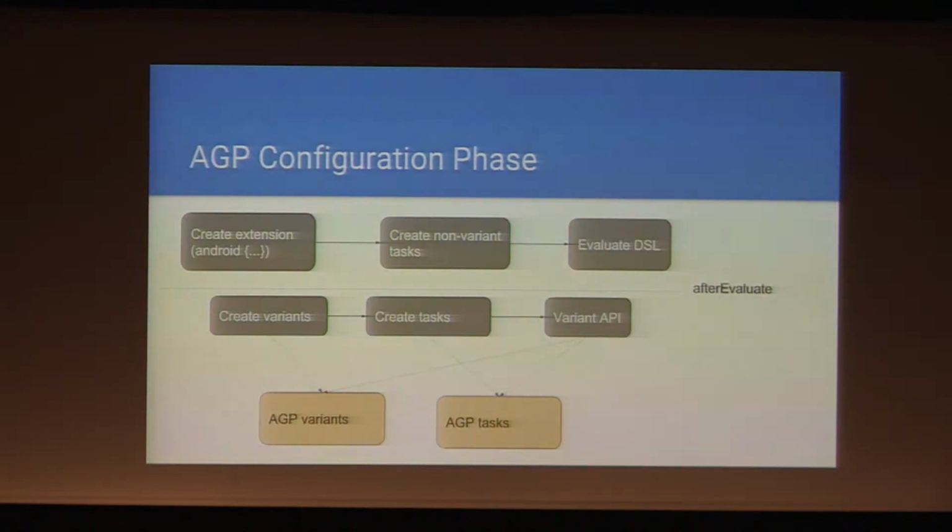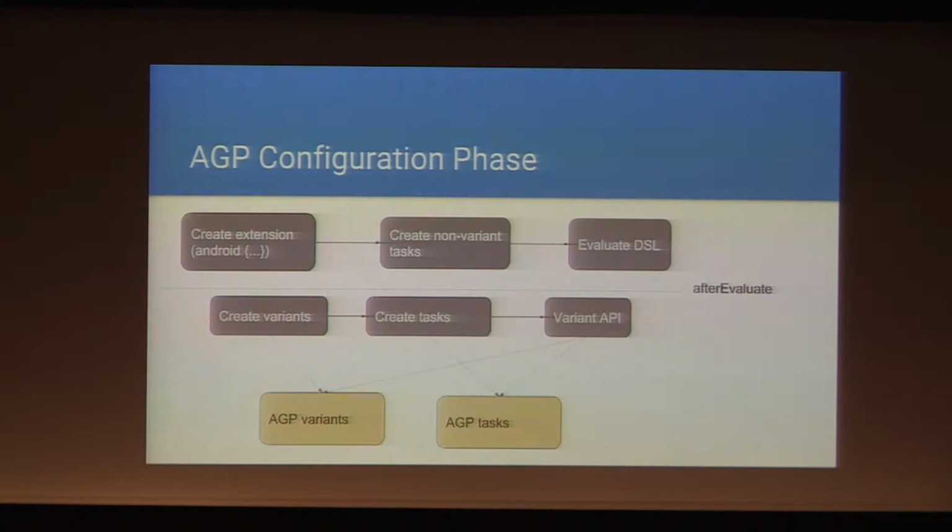This means that all of the build files have been evaluated, and this is important because we want to make sure that the DSL objects that we have created have captured all of the data that you have entered as users. Once we know that that has happened, and that is when Gradle invokes project.afterEvaluate, and that is when our callback runs, we're able to create the variants.